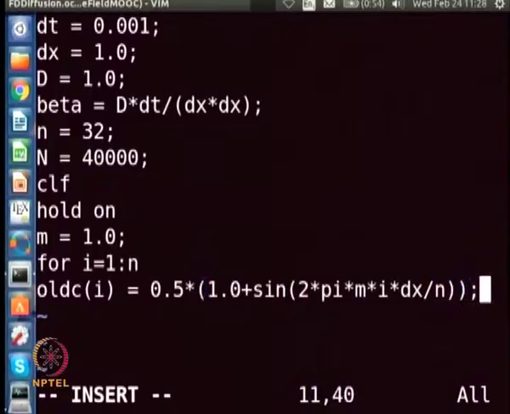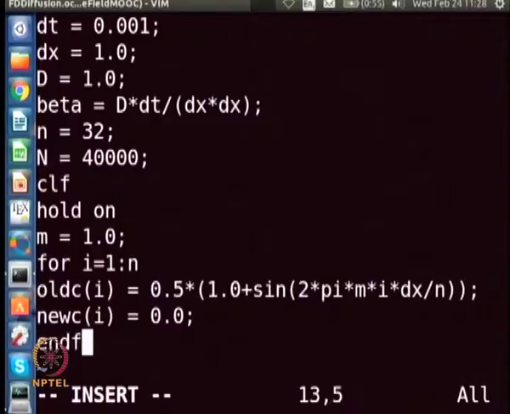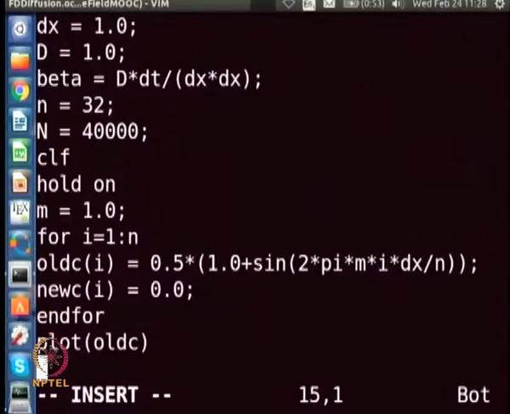So, that is new c of i. Let me start with 0, end for. So, I have initialized the new c to be 0 and old c is a sinusoidal profile, and how many wavelengths are there is decided by this m. So, one wavelength is what we are starting the simulation with. So, let me plot the initial profile. This is for plotting the initial profile.